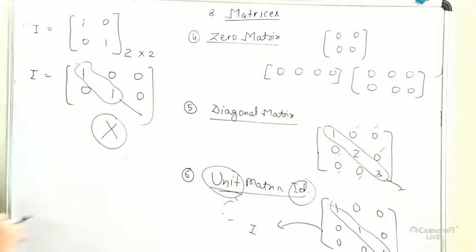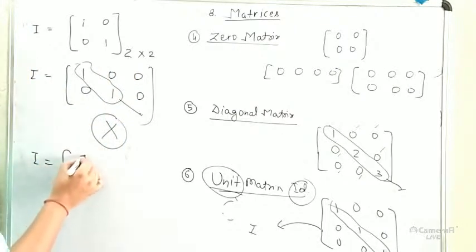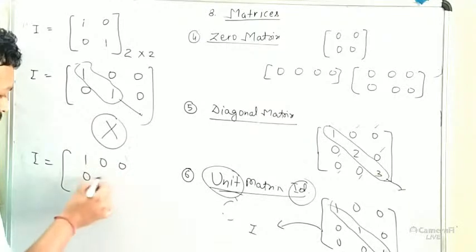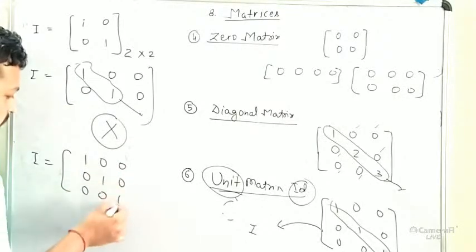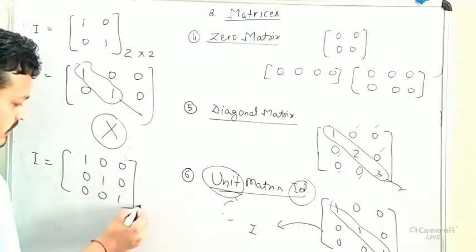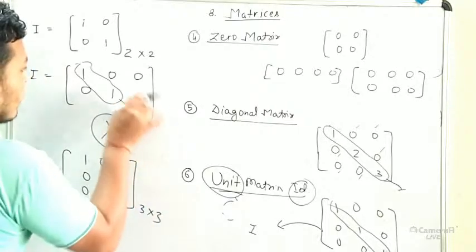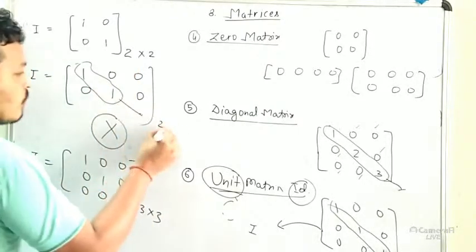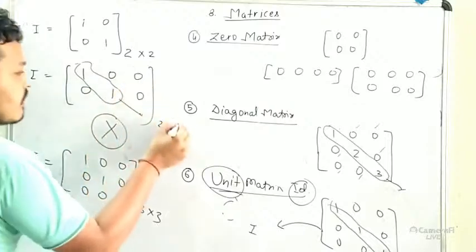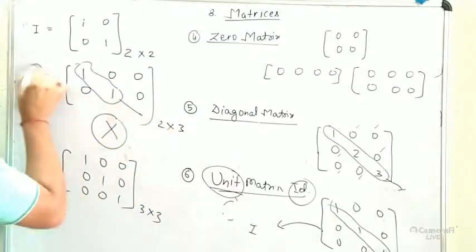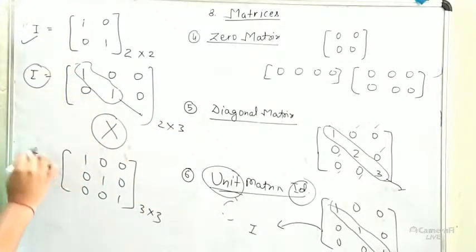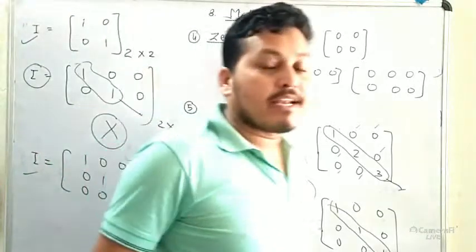Another example is 1 0 0, then 0 1 0, 0 0 1. The order is 3 by 3. And what is the order of the earlier one? Number of rows 2 and columns 3, so 2 into 3. So the first is not an identity matrix, and the third is an example of the identity matrix.